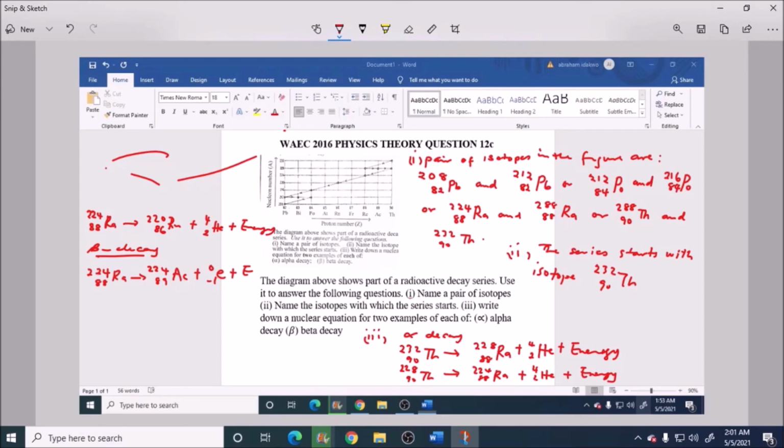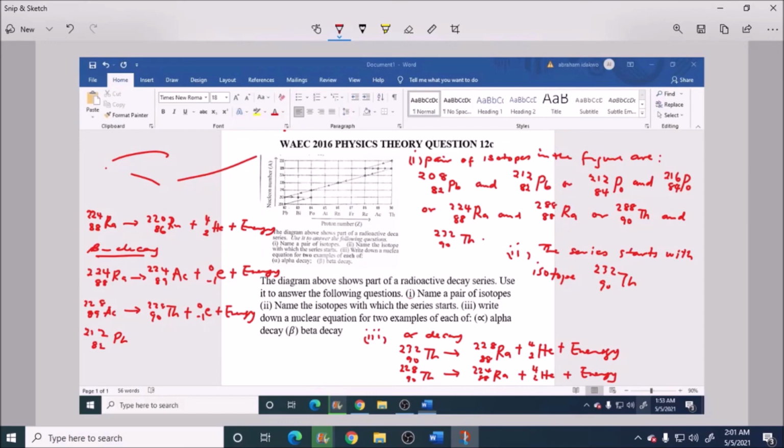So I'll give you one more. 212, 82 PB, that's lead, resulting in 212, 83 plus 0, minus 1 electron plus energy.